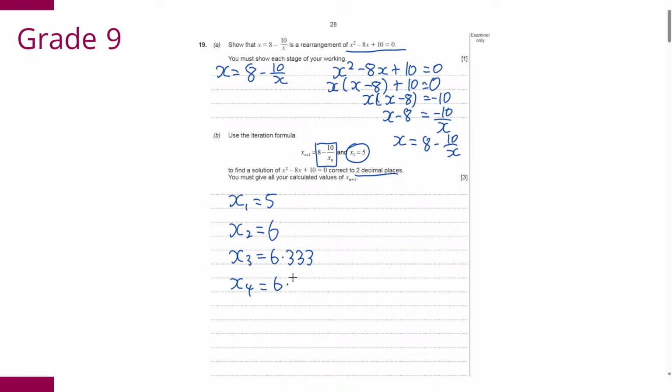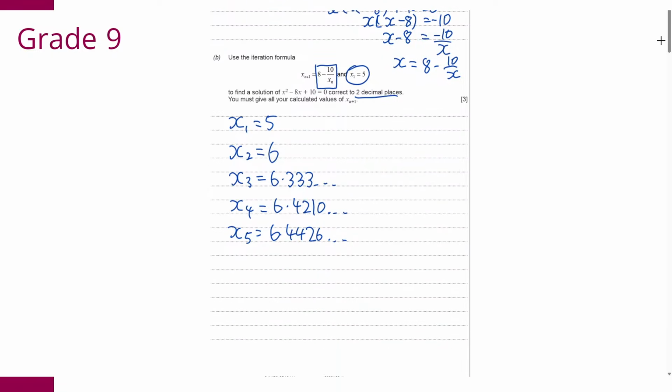So 6.4210 and so on. Press equals again, and we get 6.4426. Now, the iterative process means we will converge on the correct answer eventually. Sometimes it takes a while, but normally you're looking at between 6 and 8, around that region, because I think it's an exponential convergence.